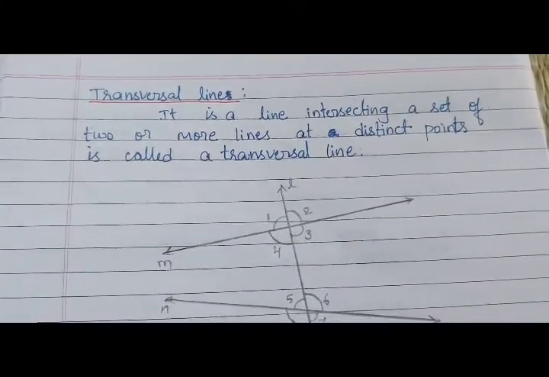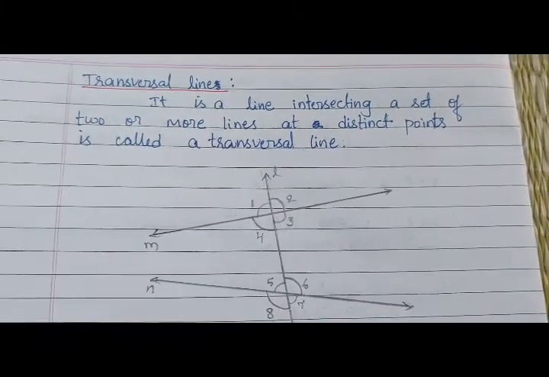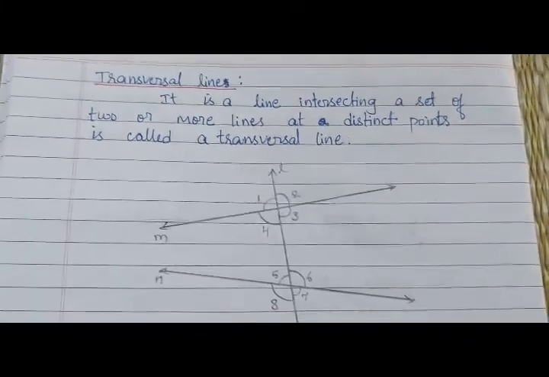Transversal lines. It is a line intersecting a set of two or more lines at distinct points. At distinct points is called transversal line.